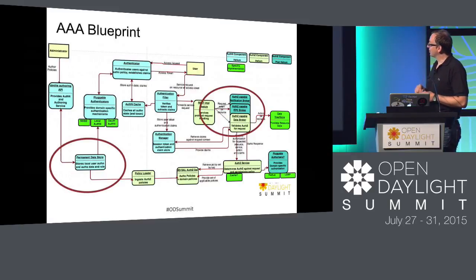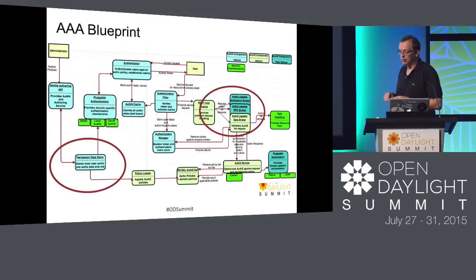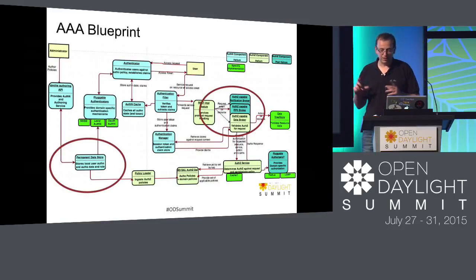The other circle concerns the authorization piece. The stuff that is circled is pretty much already there. I have a more specific diagram on this, but the infrastructure we have currently is an authorization-capable data broker that sits on top of the regular MDSAL data broker.